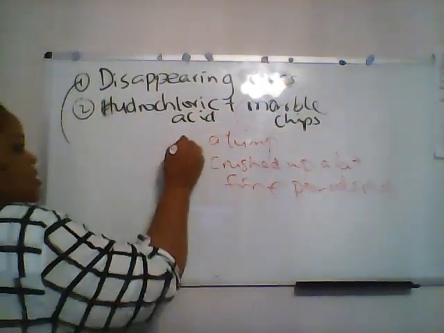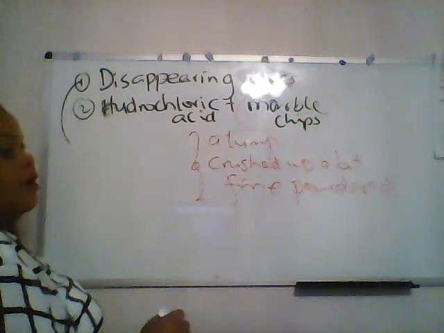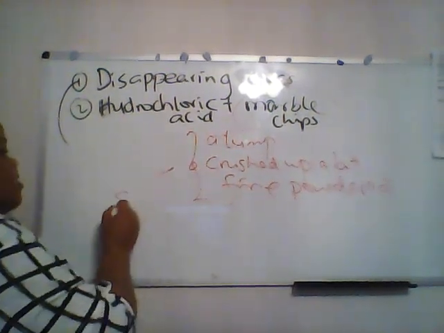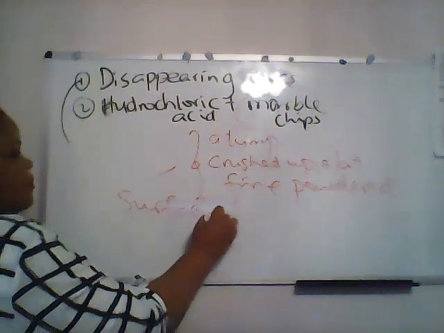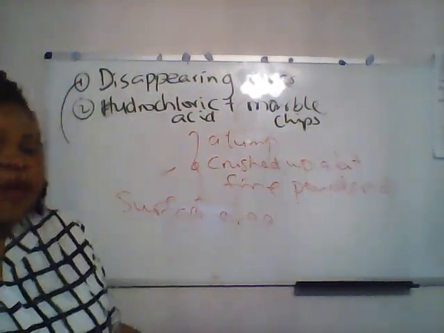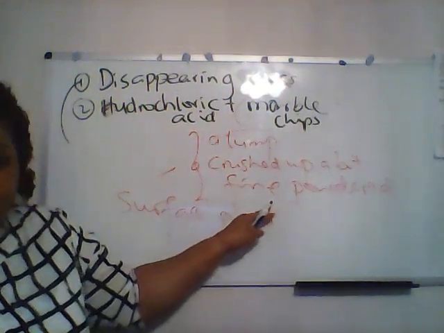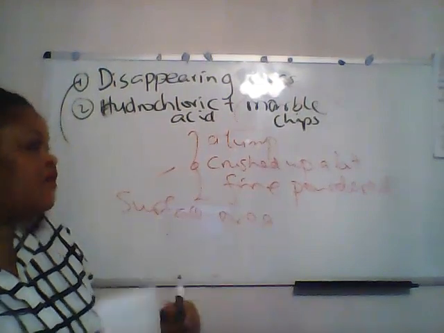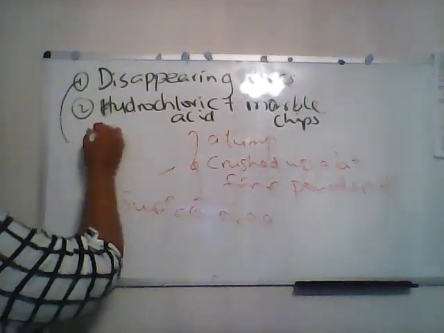Now, when you do this, the particular factor of rate of reaction that you're checking is surface area. Please don't get yourself mixed up. If you grind it to powder, you are increasing the surface area. Because if you have a lump, I'll just explain it with a diagram.